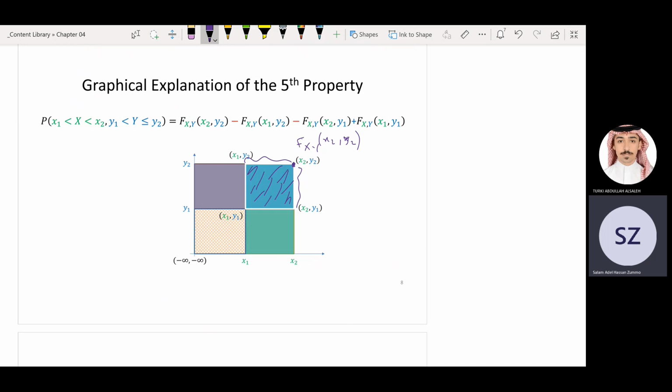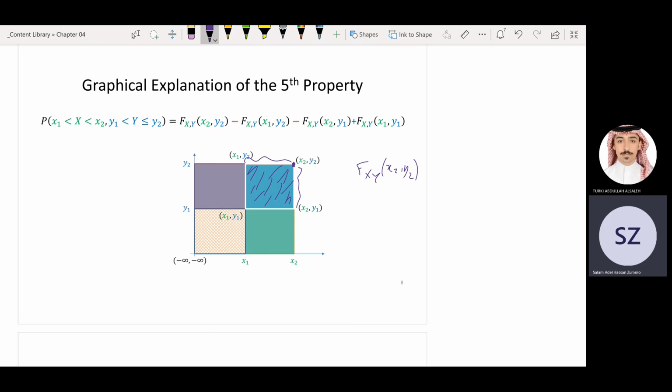So the way we find it is, first of all, we write that this is equal to F_XY(x2, y2), right? This is equal to the probability that X is less than x2 and Y is less than y2. Right?